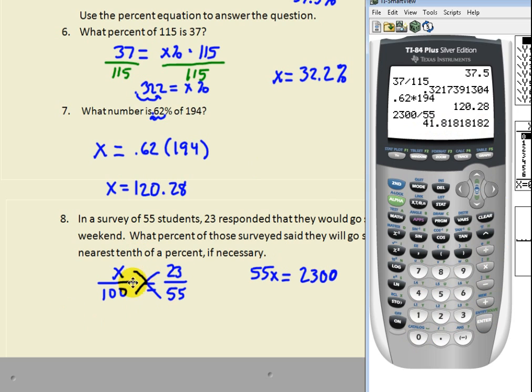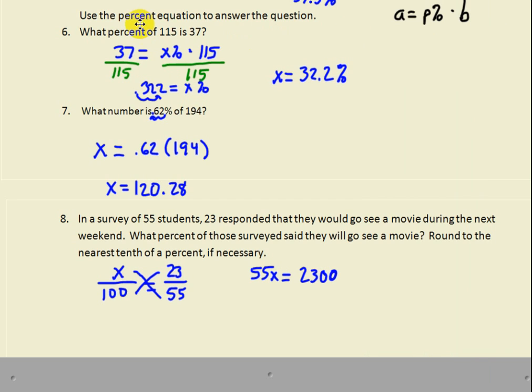Remember that using a proportion over where the percent is over 100, our answer is already a percent here, so we don't move the decimal. So the 8 is in the tenths place. We look to the right, and it's a 1, so we keep the 8, and we call it 41.8%.